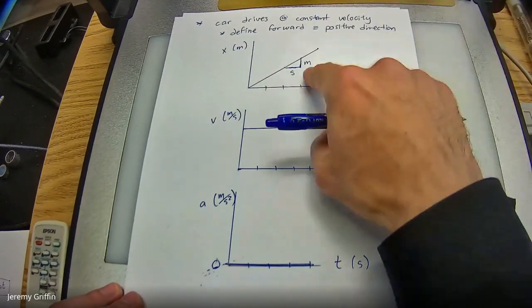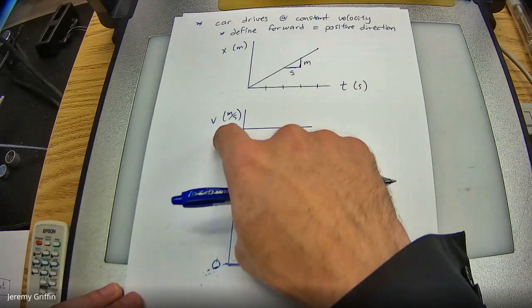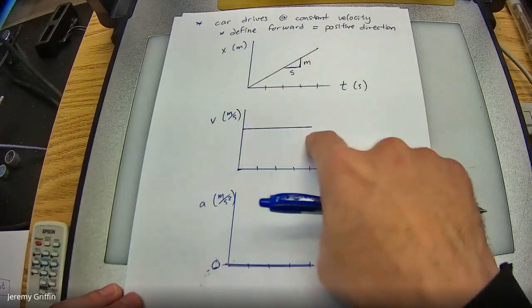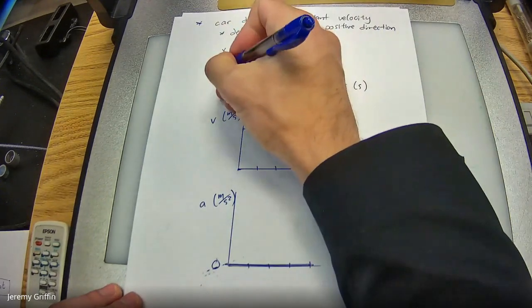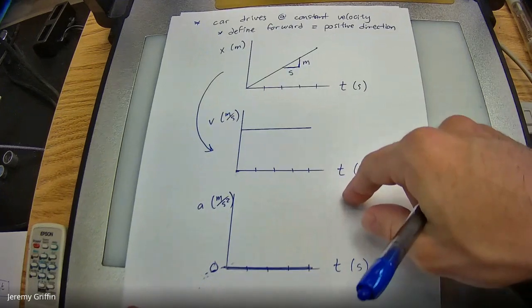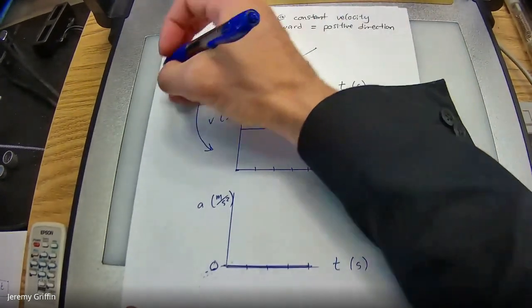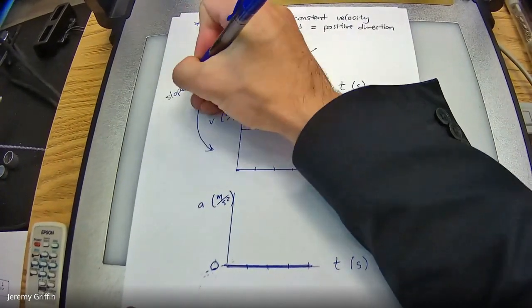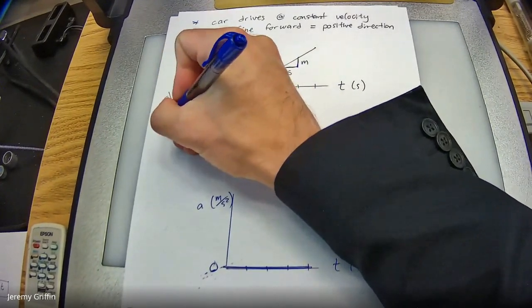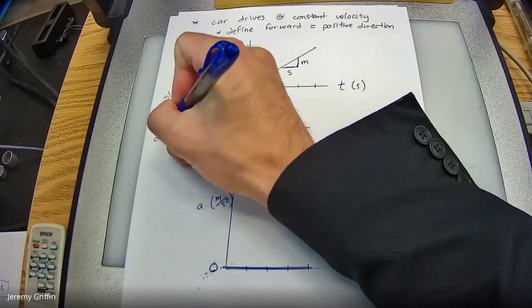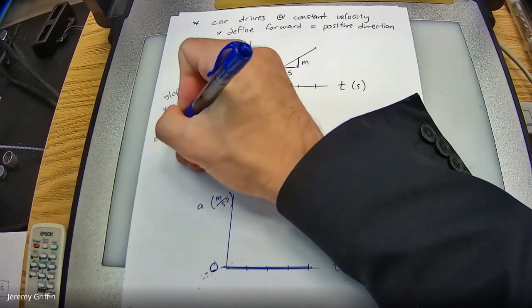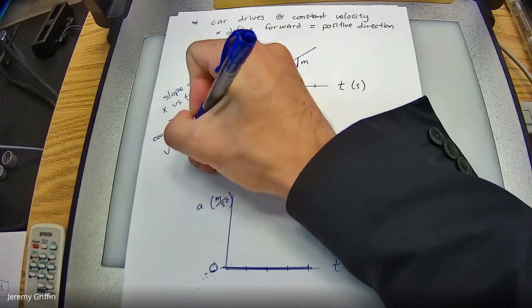Okay? Hey, you know what else is meters per second? Velocity. Huh. Do you guys think that the slope of x versus t tells you your velocity? It absolutely does. The velocity is the instantaneous rate change of location. So I'm going to say the slope of x versus t tells you the coordinates of v versus t.